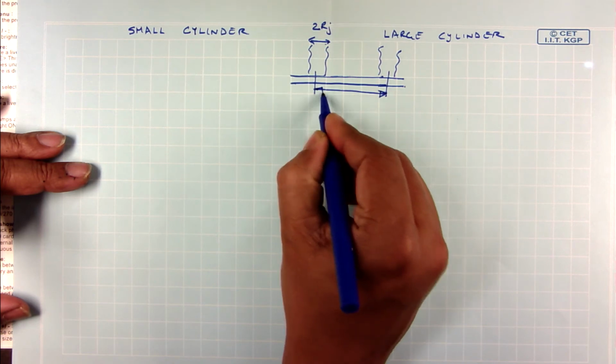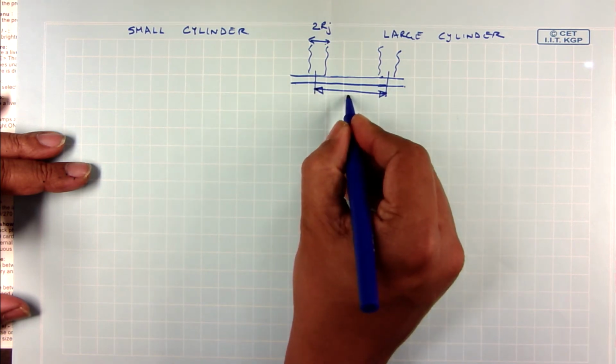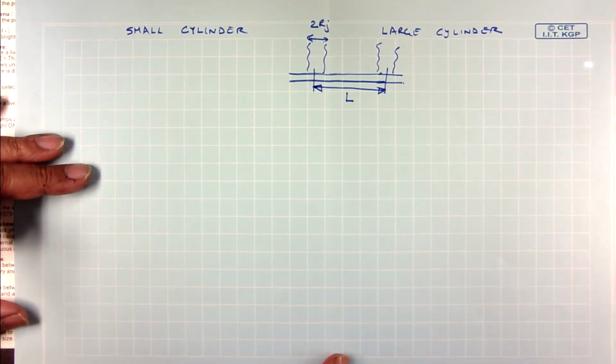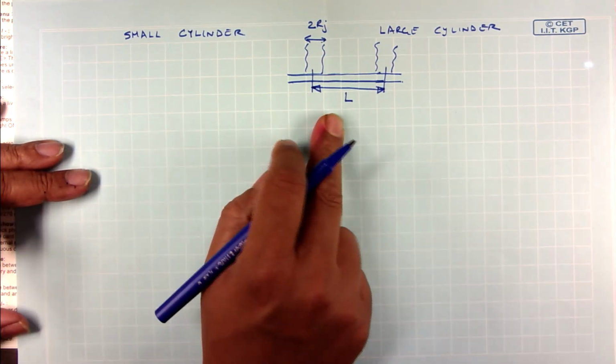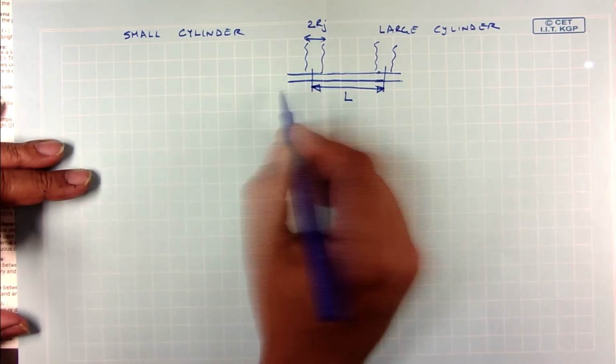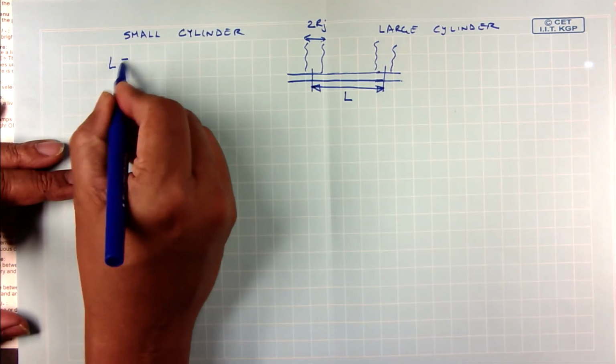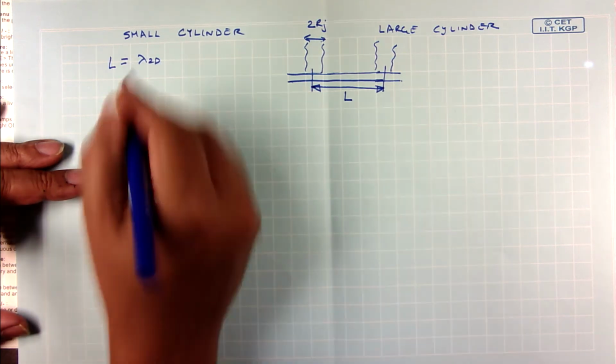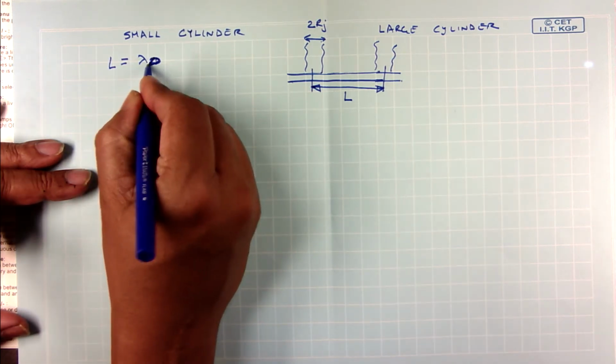And there is a certain spacing, let us call it L, between the jets. For small spacing, for small heaters, this L is equal to lambda 2d, or essentially let us call it just lambda d.